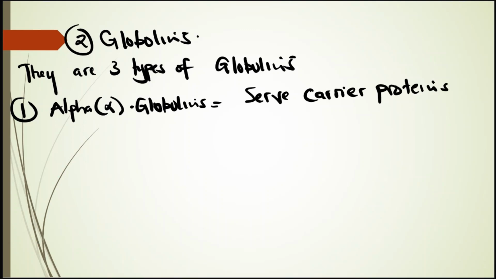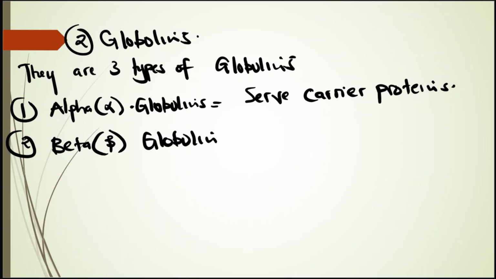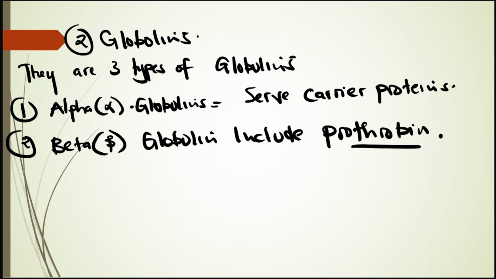The second type of globulins is what we call beta globulins. Beta globulins include one molecule that is used in coagulation, called prothrombin. So prothrombin is a beta globulin. As you are going to see after we discuss the coagulation cascade, prothrombin is used in the clotting cascade.